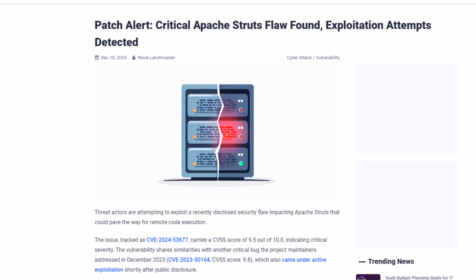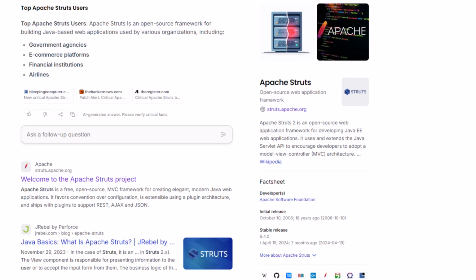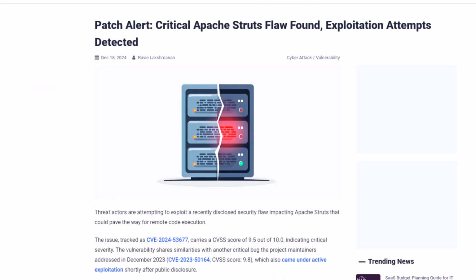But then when you look at the top Apache Struts users, now it becomes clear. And this is probably going to be some sort of a governmental cybersecurity entity of some kind that has the knowledge and the capability to make this happen. So I don't think this was some random dude in some country somewhere that is just off the beaten path.